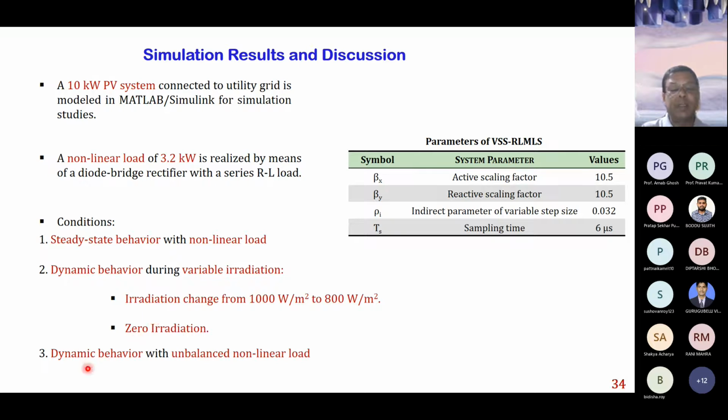And the third condition, the dynamic condition, is with the unbalanced nonlinear load. And these are the different parameters used for the simulation. That is the scaling factor beta x and scaling factor for the reactive one beta y, and we have the indirect parameter of the variable step size 0.032. We have a sampling time of 6 microseconds.